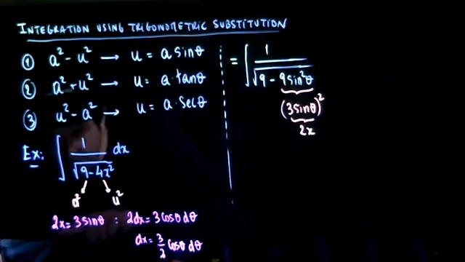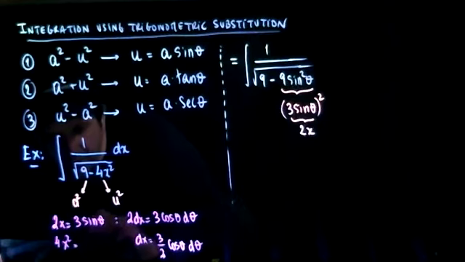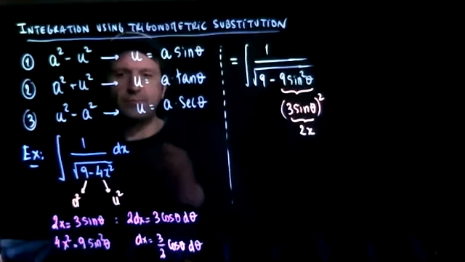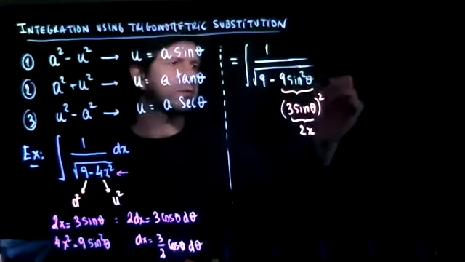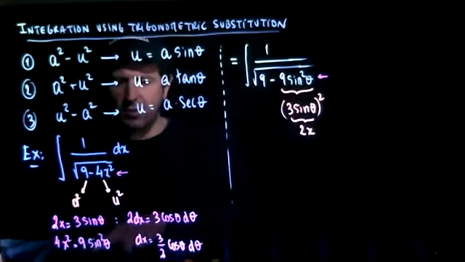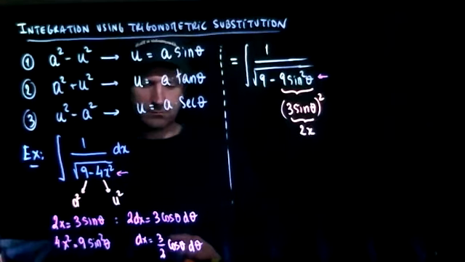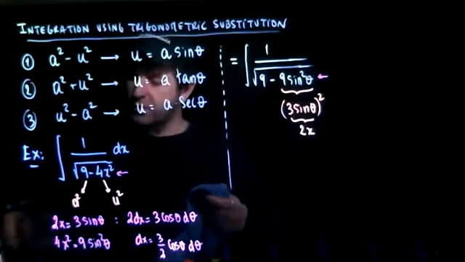We said 2x is 3 sine theta. If I square both sides, 4x squared is 9 sine squared theta. And that's what I have here. I have 4x squared, so I have to put 9 sine squared theta. Questions?